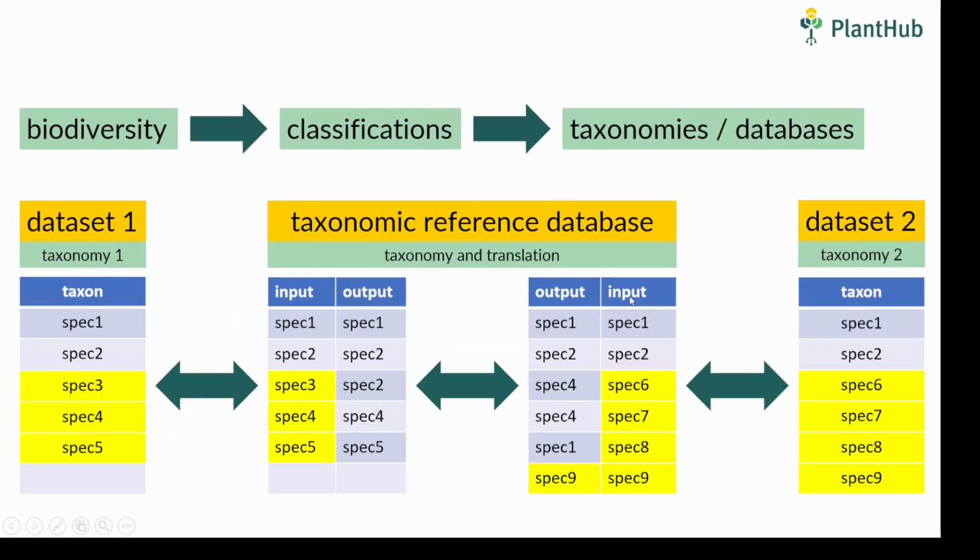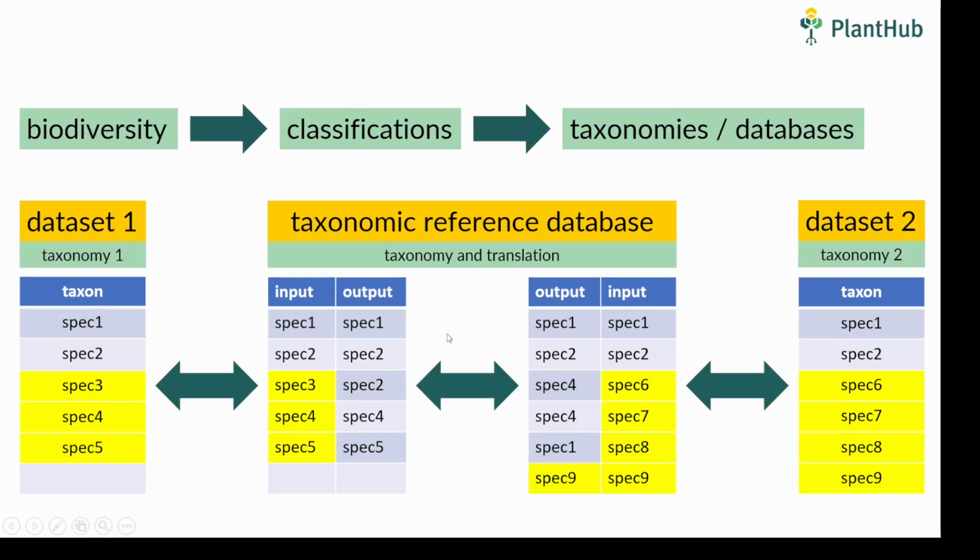And on the other hand, we have our other data set, and there we have species 1, 2, 6, 7, 8, and 9. And here our reference database tells us, yes, 1 and 2 are the correct names to use for these species, while name number 6 should actually be name number 4, name number 7 should be name number 4 also, and name number 8 should be name number 1.